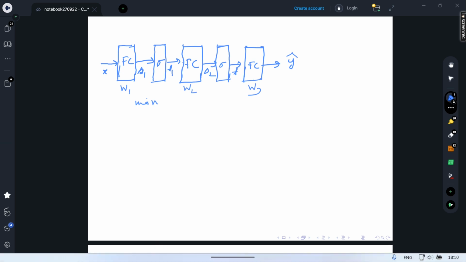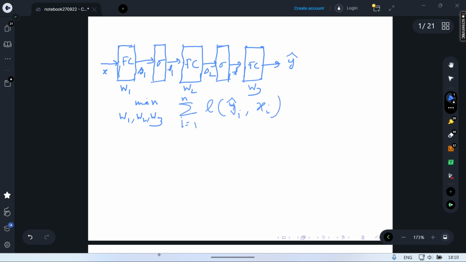So we basically minimize some kind of loss function over the parameter matrices W1, W2, W3, such that the loss between y hat i and y i, summed over all training examples, 1 to n, is minimized.